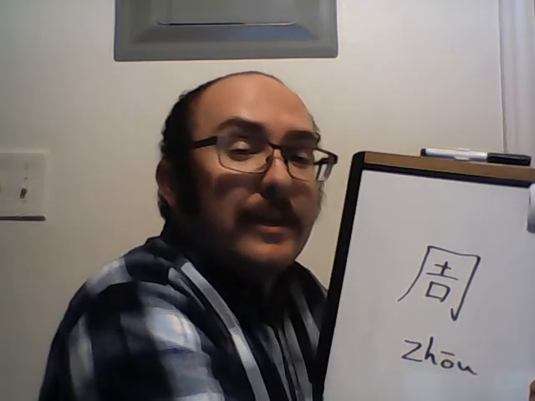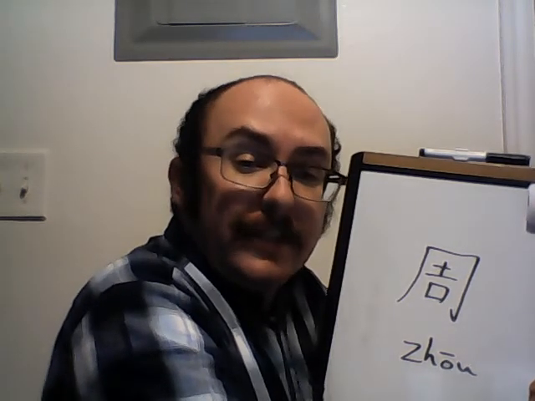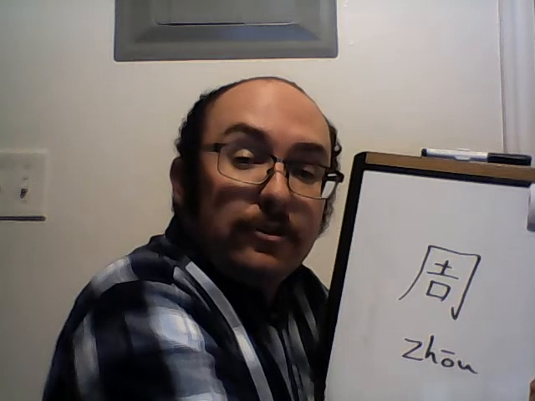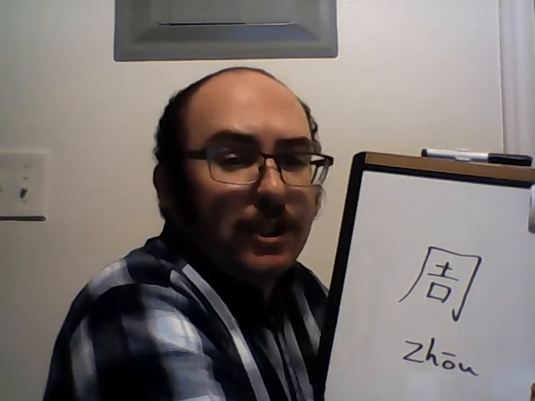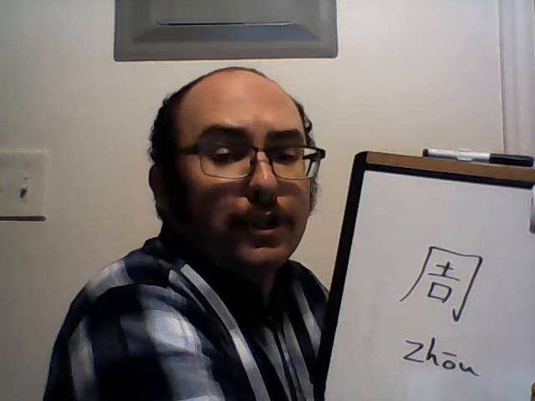Or Zhou, you basically just say the name of a day of the week. So 周日, Sunday. 我姓周, 周日的周.